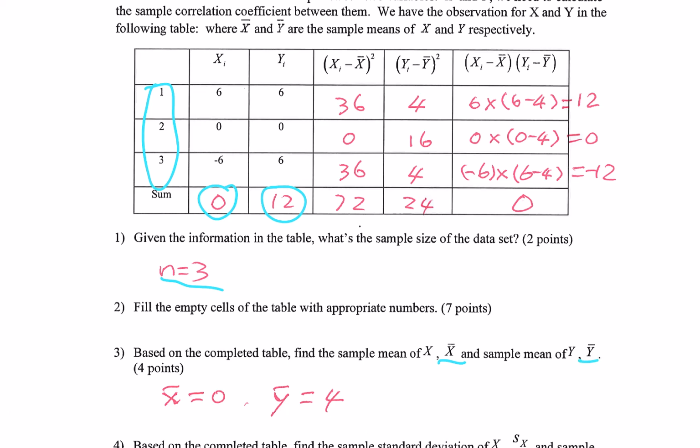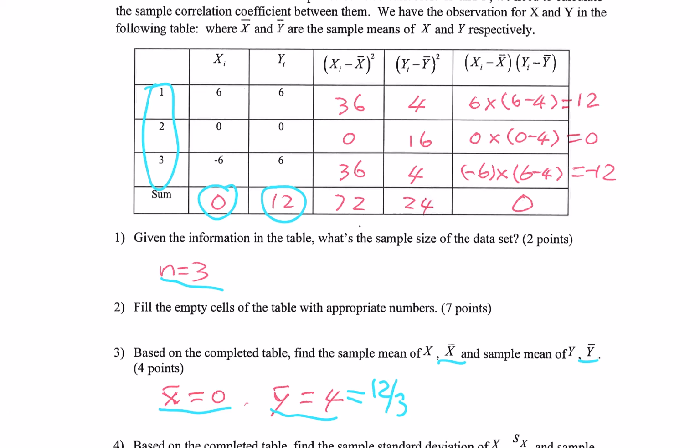To find the mean of x, you add those 3 numbers together divided by 3, so you end up with 0. And then you add those 3, you get 12 divided by 3, you get 4. So x bar is 0, and y bar is 4.